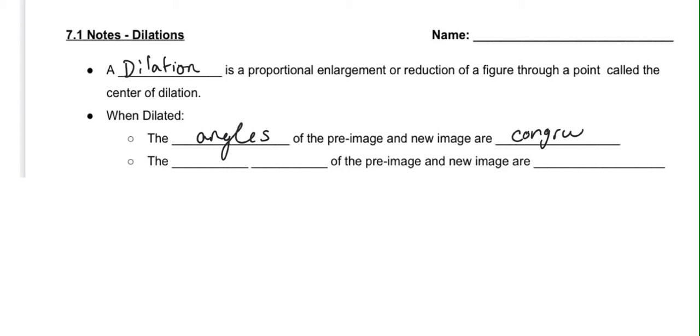So the angles do not change. Now the side lengths do change, but they are proportional. So the side lengths of the pre-image and new image are proportional.